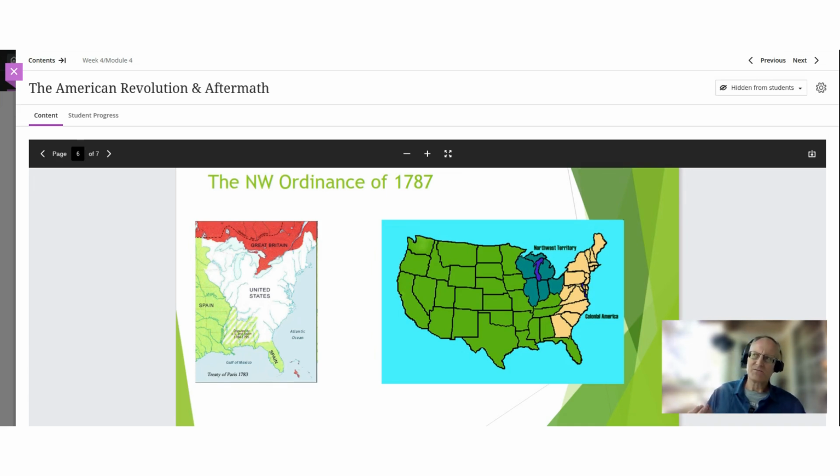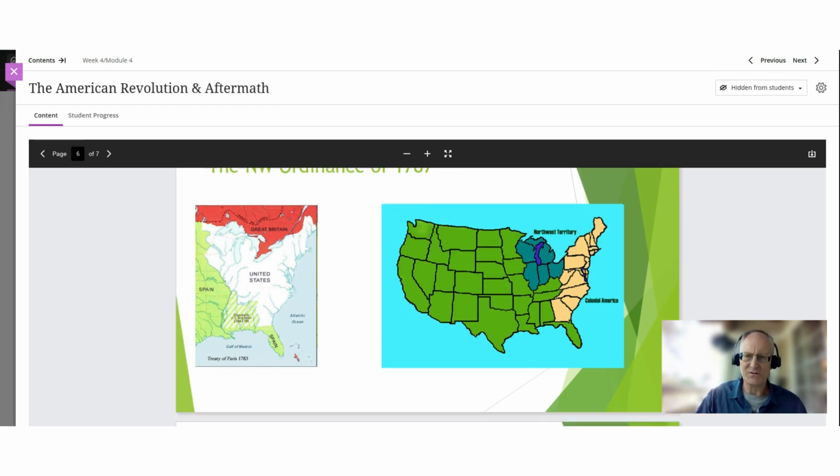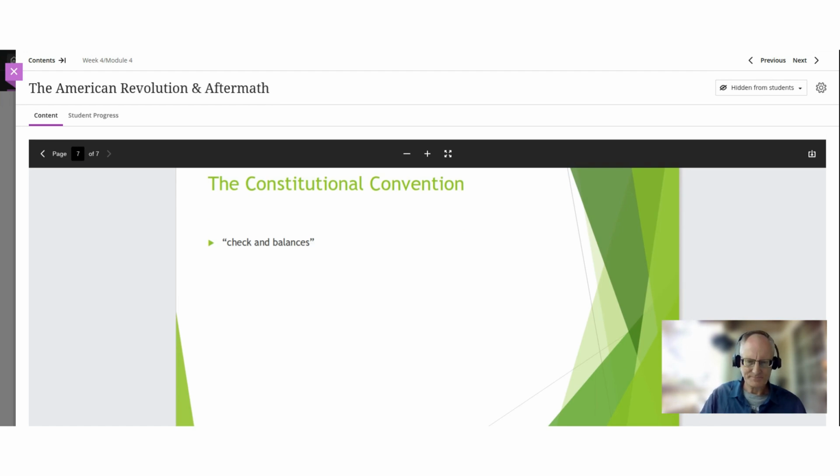What's interesting about the whole process of the convention itself and the constitutional model is the emphasis being put on checks and balances. That no one branch could usurp the other two. Each had checks over the other, and it all revolved around laws.